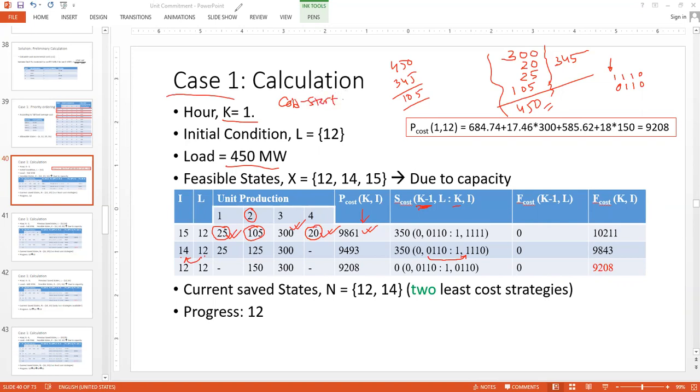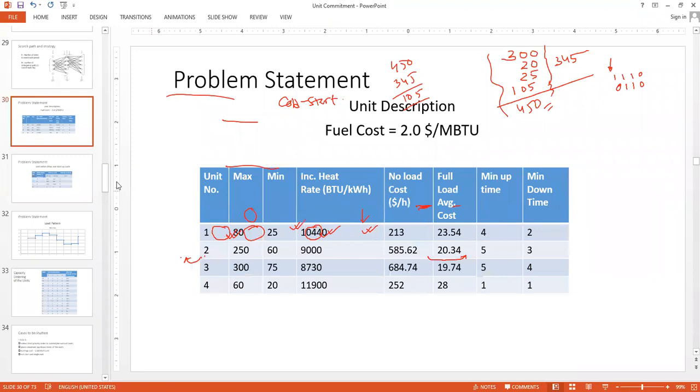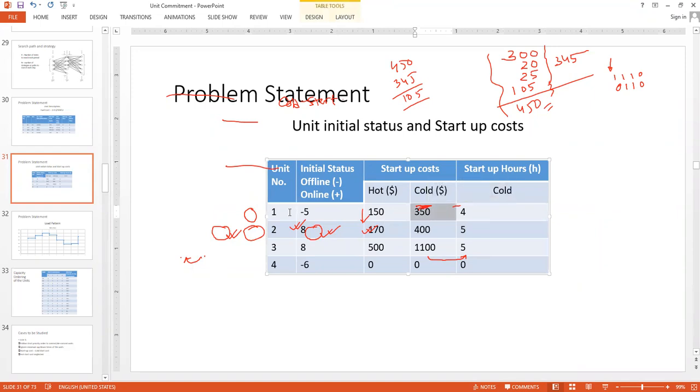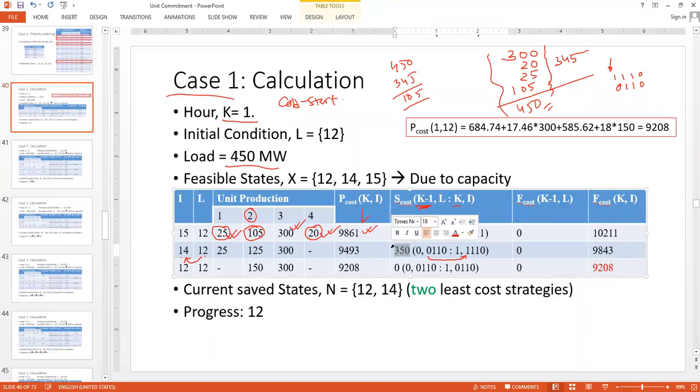We have to check. The cold start cost for unit number 1 can be found in slide number 31. So you see it is 350. So unit 1 startup cost, in case 1 we are considering cold start cost, that is 350. So in the table, you will see the entry of 350. This is the additional cost that we have to take into account if I choose this transition from 12 to 14, from hour number 0 to hour number 1.